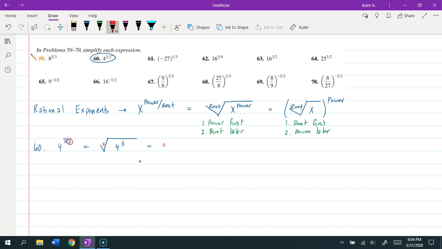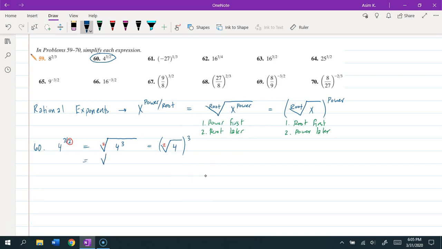You're still finding the second root of 4, but you're putting it to the power later. So either you can go power first, root later, or you can go root first, look at these parentheses right here, and then power later. It's your call, whatever is easier for you. We'll do it both ways here.